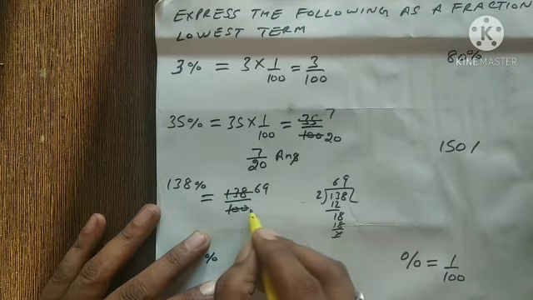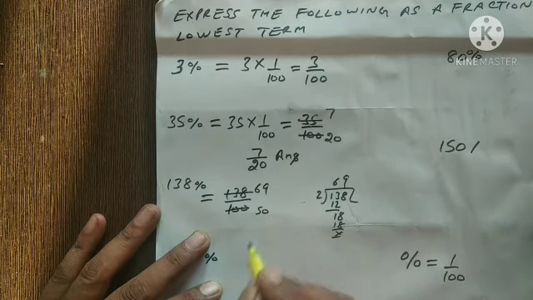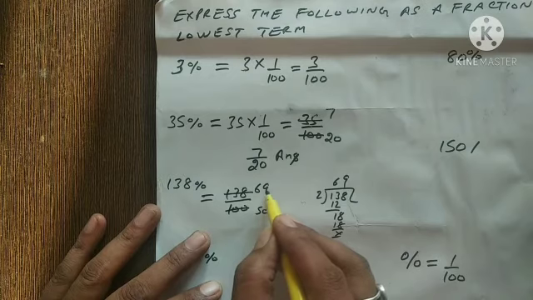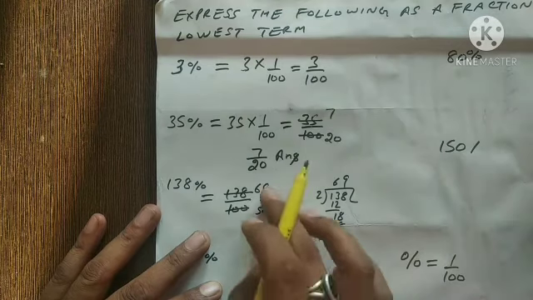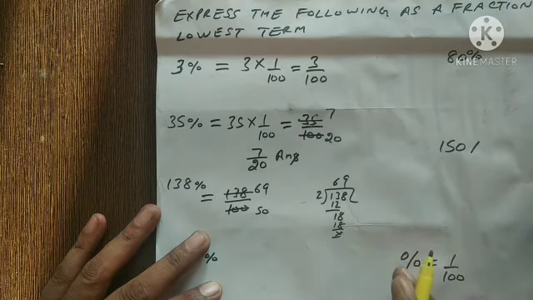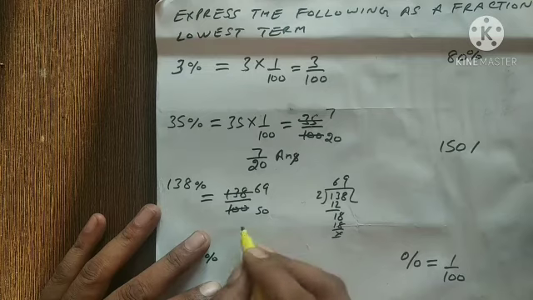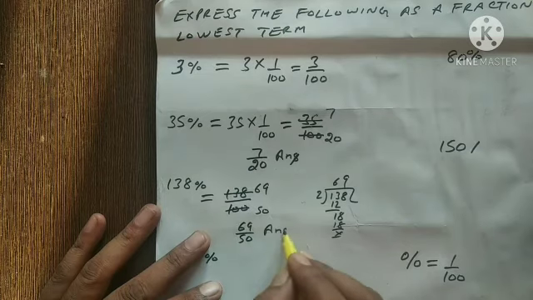And if you divide 100 by 2, the answer is 50. Now 69 is divisible by 3 and 50 is divisible by 5 and 2 only, so there is no common factor between 69 and 50. So the lowest term is 69 over 50.